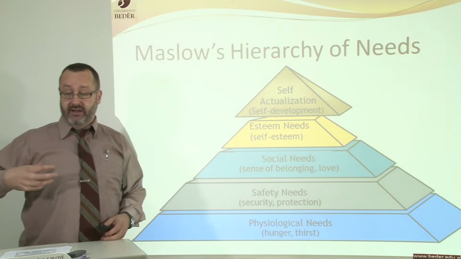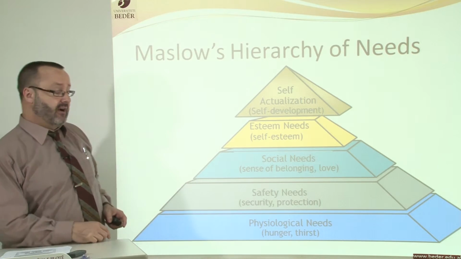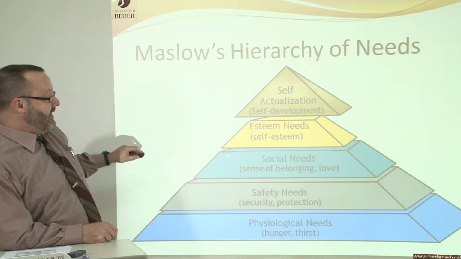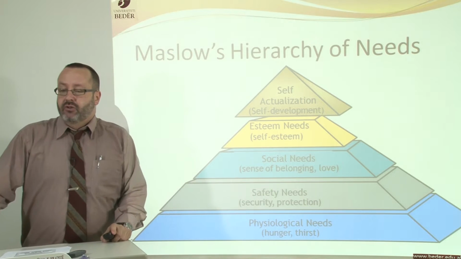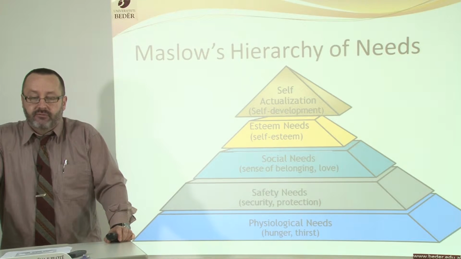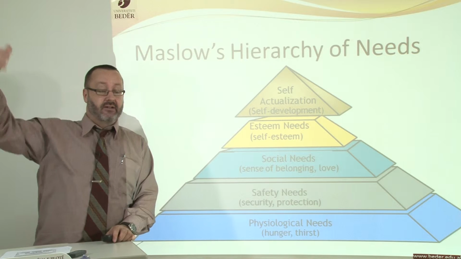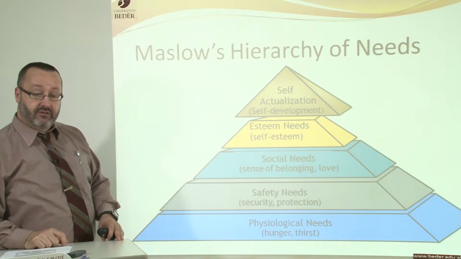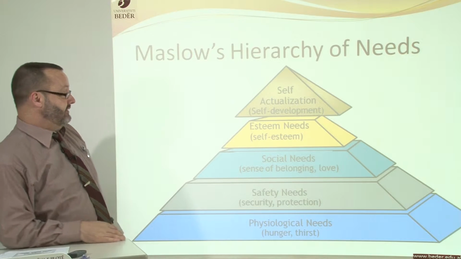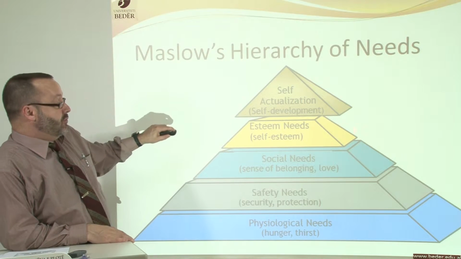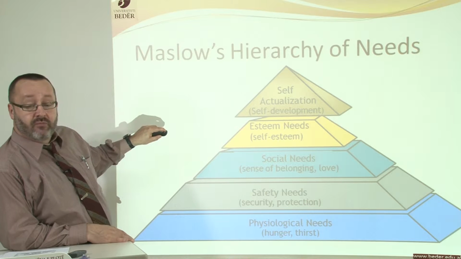According to Maslow, I'm not an expert on Maslow, but I do know a fair amount about him. You can't really get to self-actualization until you've been in a committed relationship to really develop the highest order of consciousness and the most internal personal development, because this is where your self-esteem comes from.